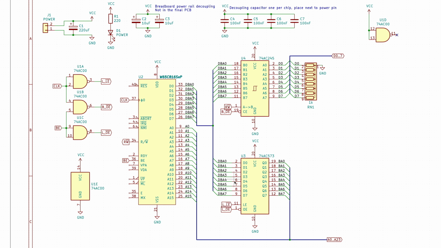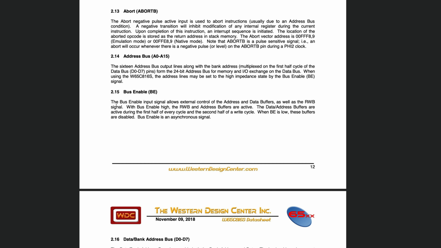So if you look at our latch, the question becomes then, what is it actually latching here? Because the inputs are floating. And more generally, what happens with the CPU when you take bus enable low? Because if you look at the data sheet, there's not actually any mention of what the CPU does when you bring bus enable low. Does it keep running?